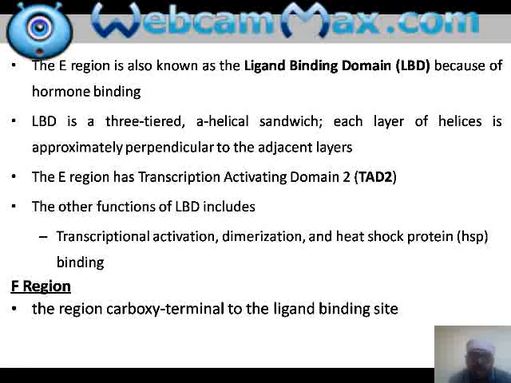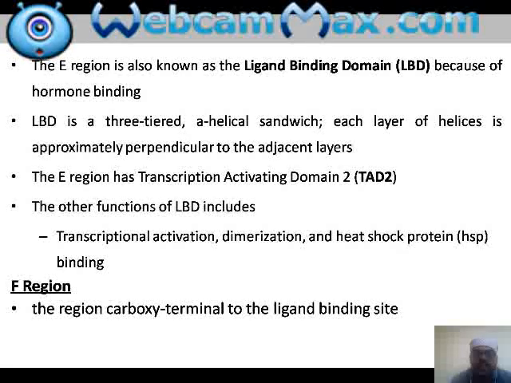When we talk about transcription activation domain 2, we have earlier talked about TAD1, and that was in the AB region. So TAD, the transcription activation domain, there are two of them. TAD1 is present in the AB region, and TAD2 is present in the E region of the nuclear receptor.